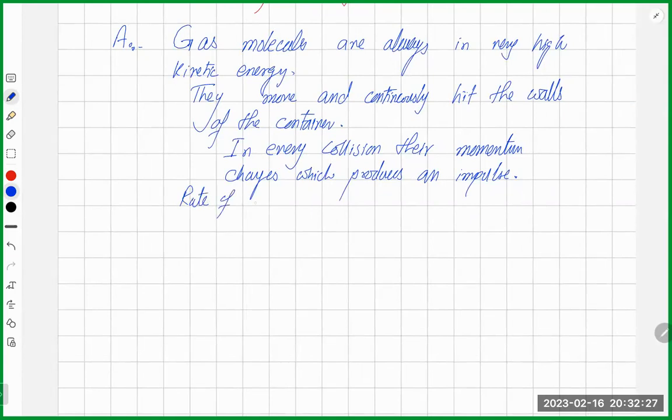Rate of change of momentum produces force on the walls.